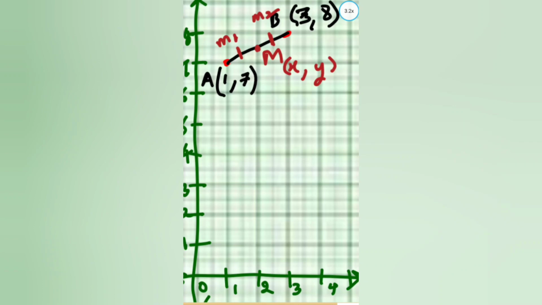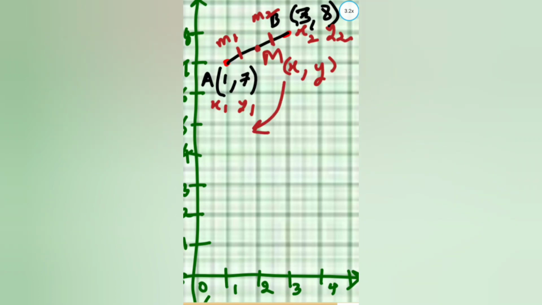The coordinates of A, you can consider as x1, y1, and the coordinates of B as x2, y2. You can also reverse them. That is your choice.